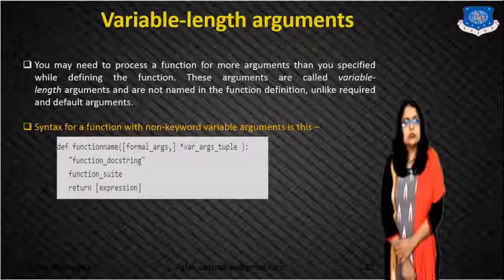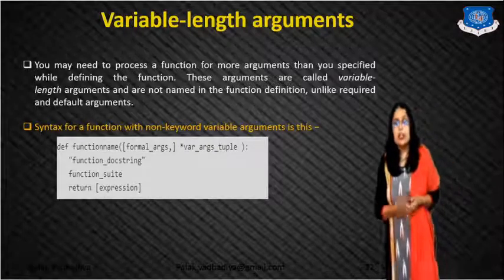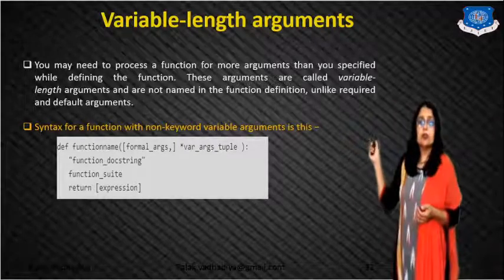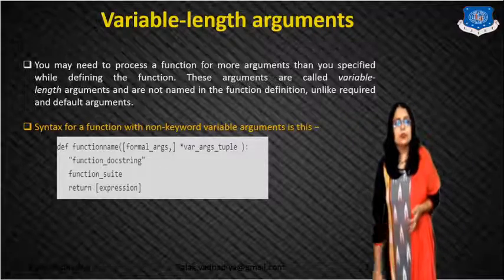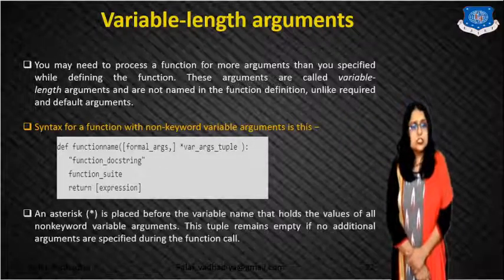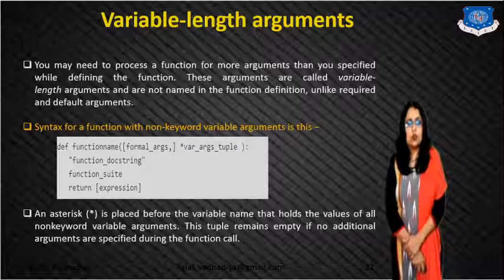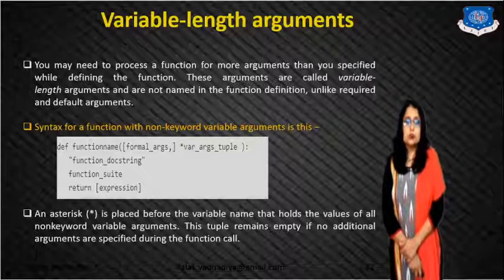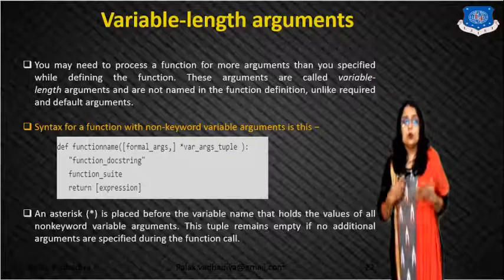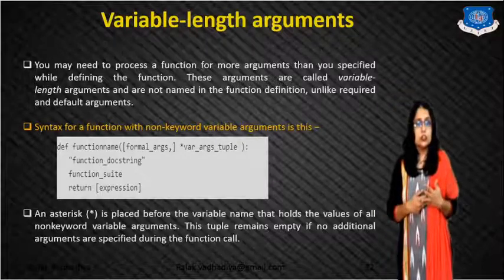Now, the syntax is like this: def, then the function name, and this asterisk sign is important to define the variable argument. The asterisk is placed before the variable name that holds the values of all non-keyword variable arguments. This tuple remains empty if no additional arguments are specified during the function call.